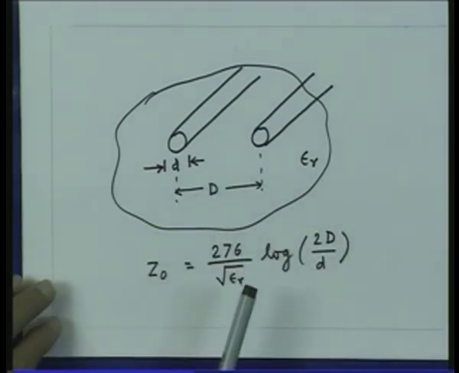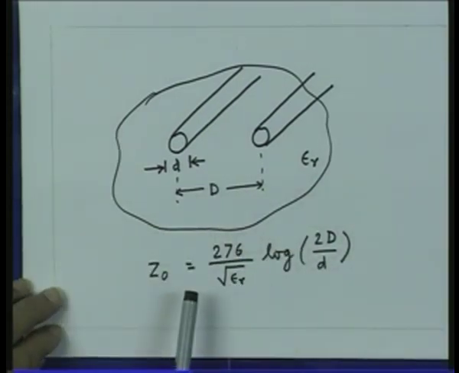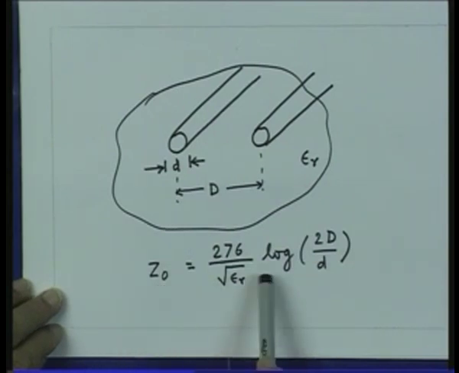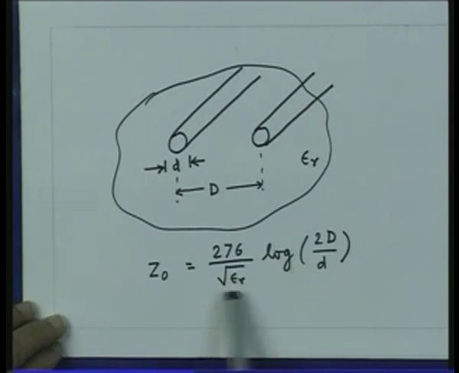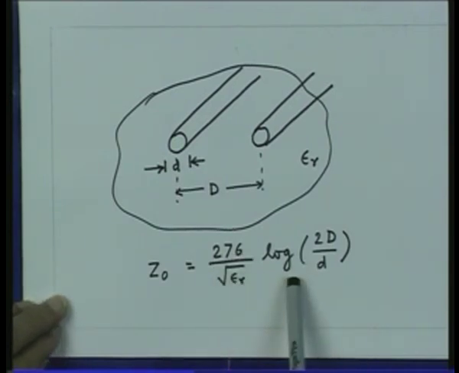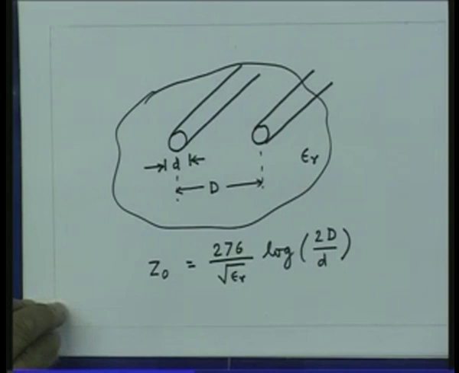Two conductors are almost touching each other. So, the minimum impedance which I can see for an open parallel wire transmission line will be 276 log of 2.